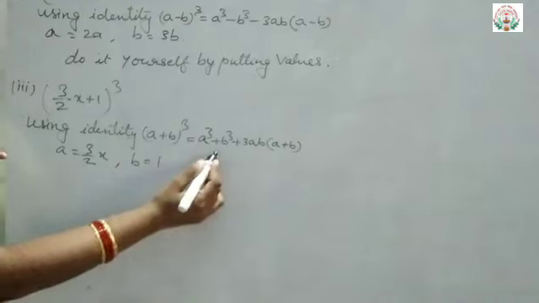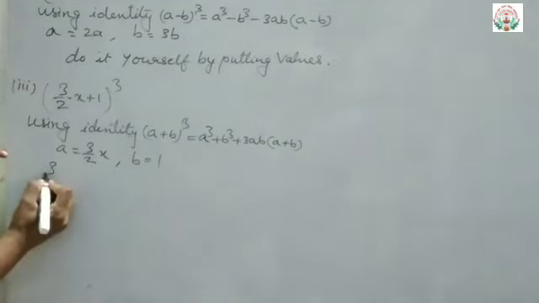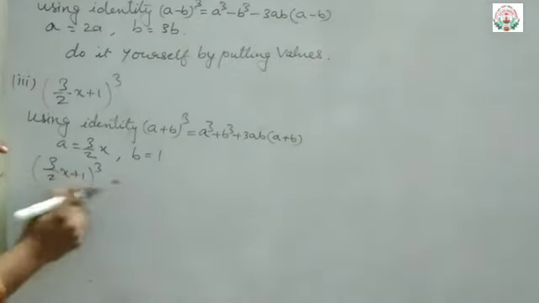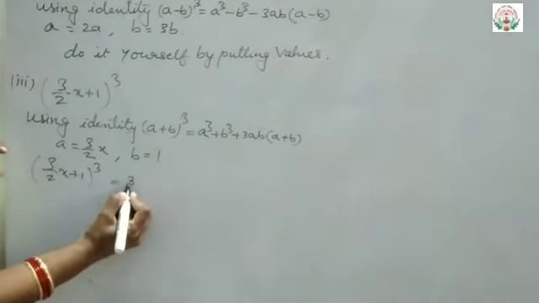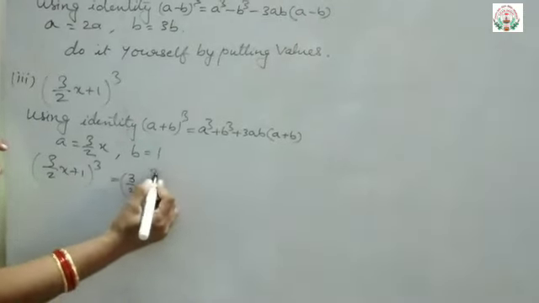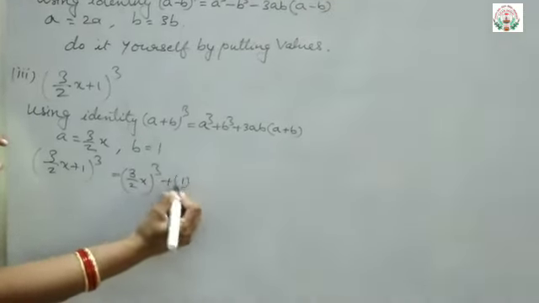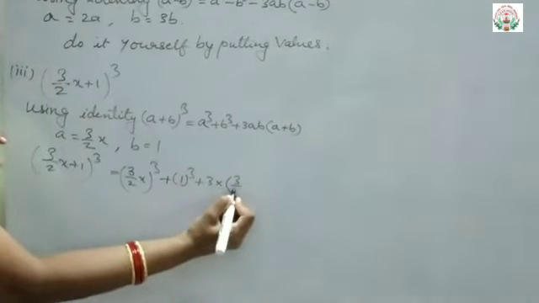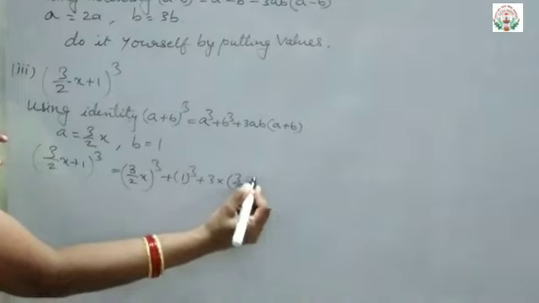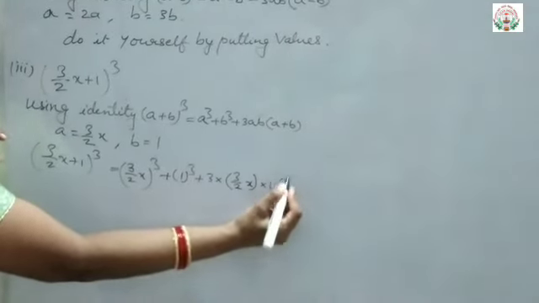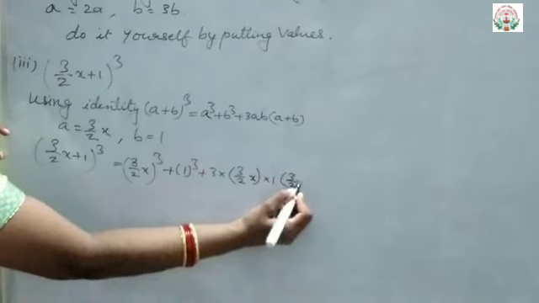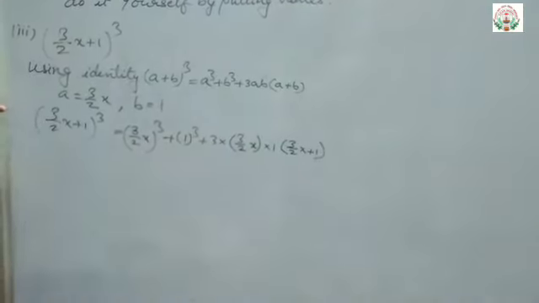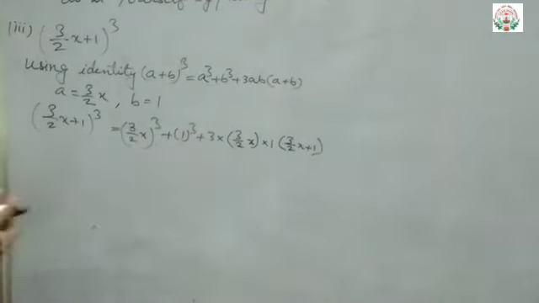Now put these values here. So 3 upon 2x plus 1 whole cube will be how much? Put the values and get the answer. I am just putting the values, you solve it and get the answers. Now the a value is 3 upon 2 into x and b is 1, and a is again 3 upon 2x, plus 1. Multiplication you all know, so you can simplify this. Okay, now do it.